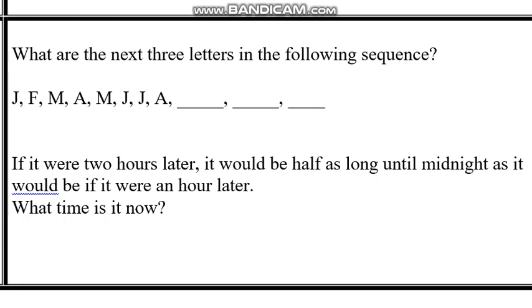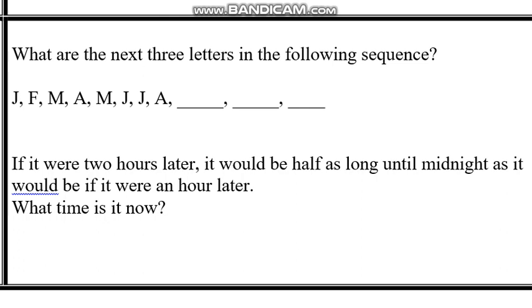And then this one: if it were 2 hours later, it would be half as long until midnight as it would be if it were an hour later. What time is it now? I believe the answer is 9 o'clock p.m., because if it's 2 hours later, then it's 11 p.m. It's an hour to midnight.